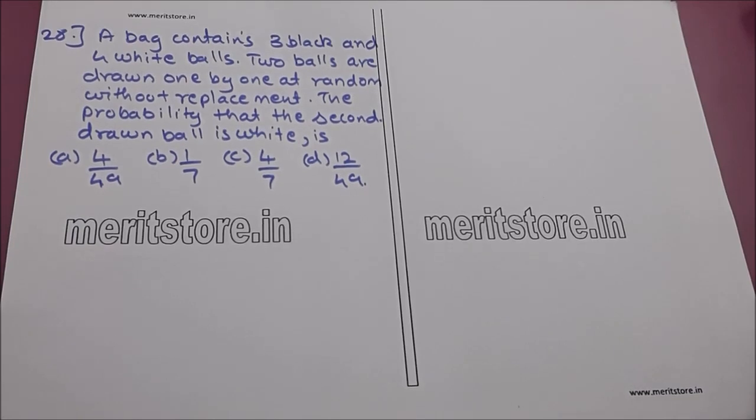Question 28. A bag contains 3 black and 4 white balls. 2 balls are drawn one by one at random without replacement. The probability that the second drawn ball is white is, we have 4 options, A 4 by 49, B 1 by 7, C 4 by 7, and D 12 by 49. The second white ball can be drawn in two ways.